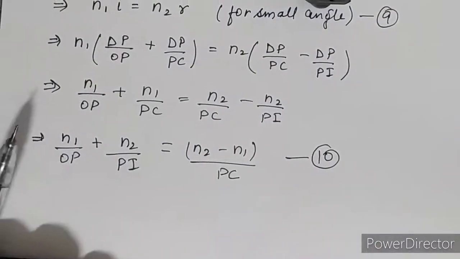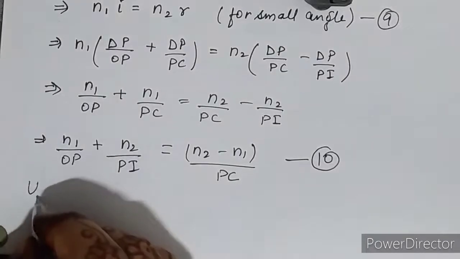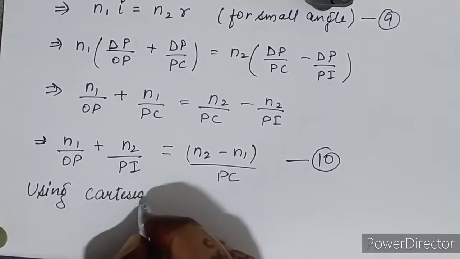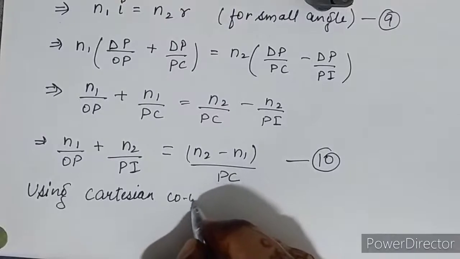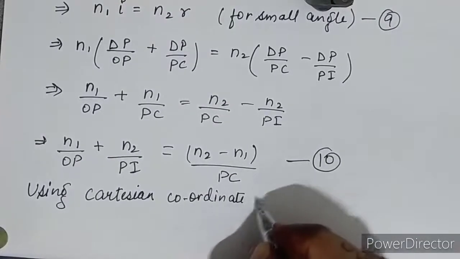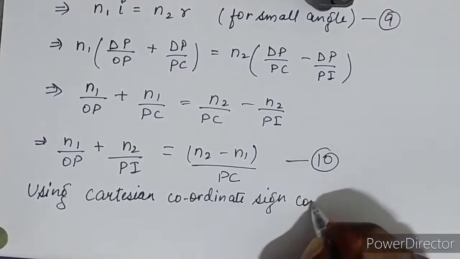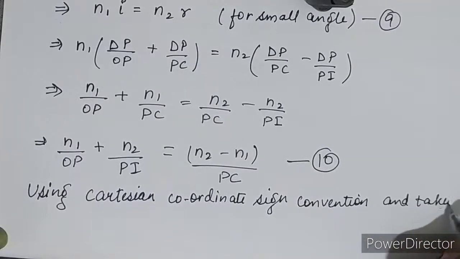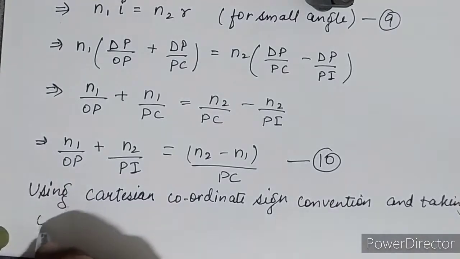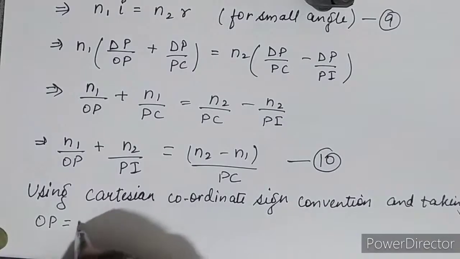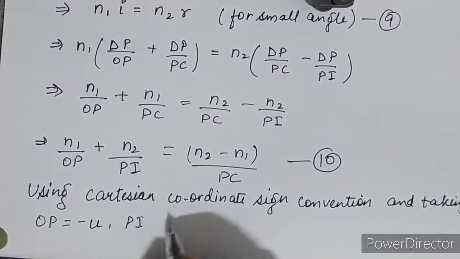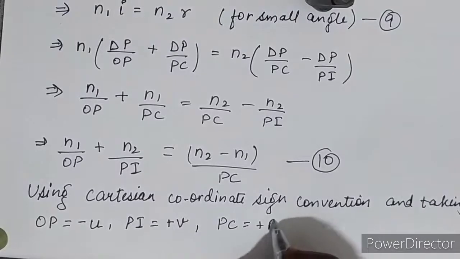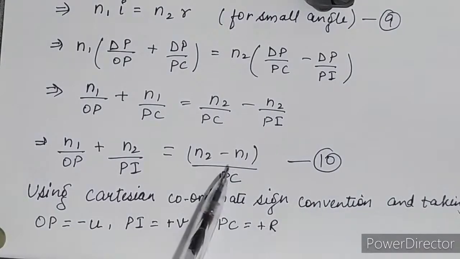Okay, so using the Cartesian coordinate sign convention and taking this, OP is the object and it is always on the negative side, so it is minus U. This is for the image and it is on the positive side, so it will be plus V, and PC is the radius of curvature, it is also positive, it is plus R. So I am putting all these values in this equation number 10.